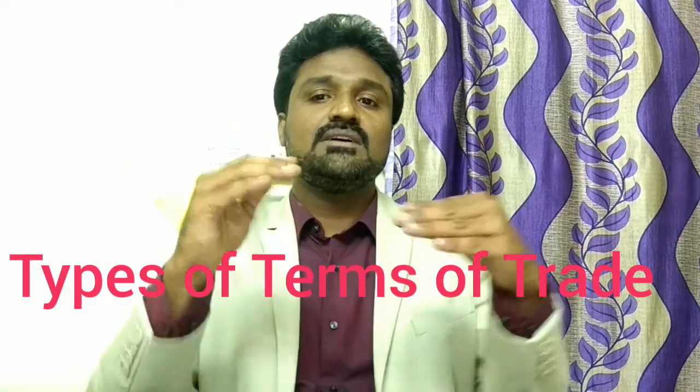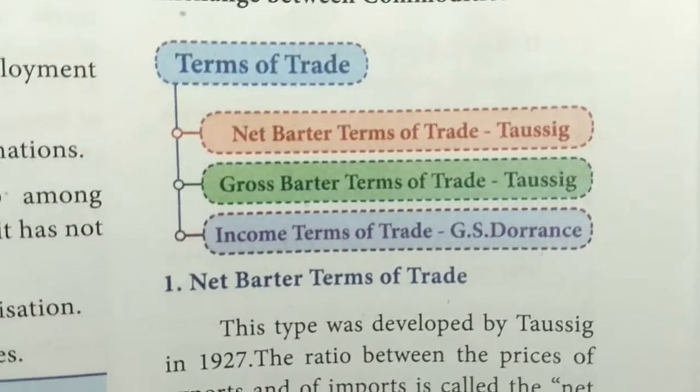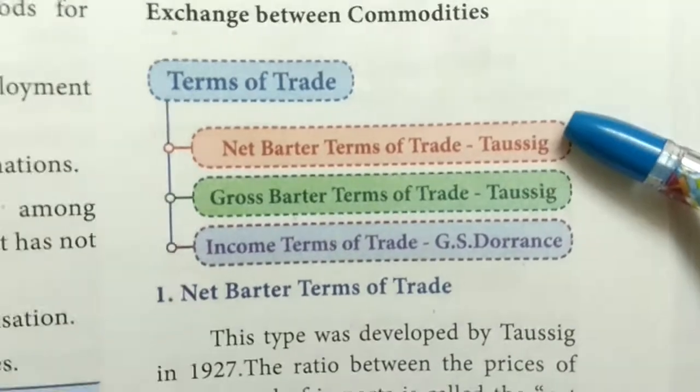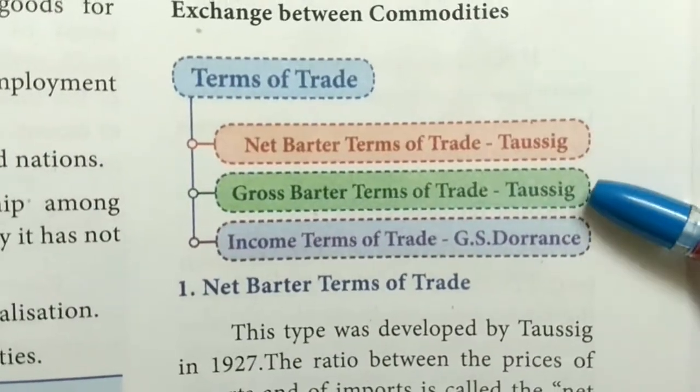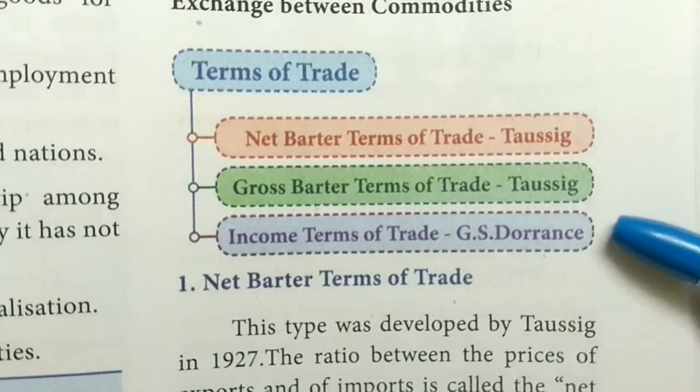The different concepts of terms of trade were classified by Gerald M. Mayer in the following three categories. There are three types of terms of trade: net barter terms of trade, gross barter terms of trade, income terms of trade.